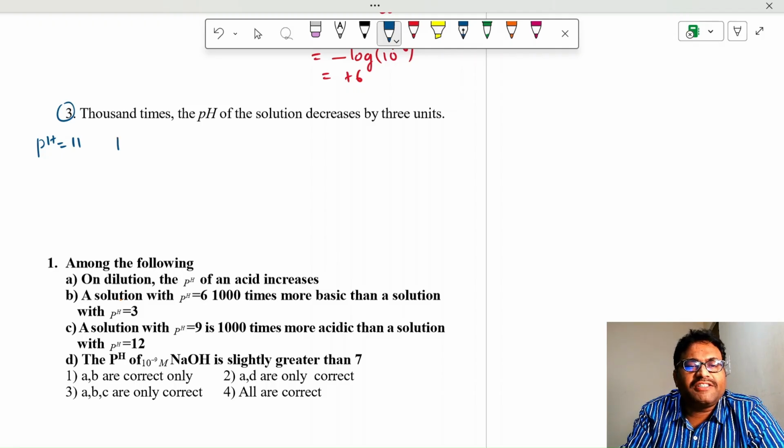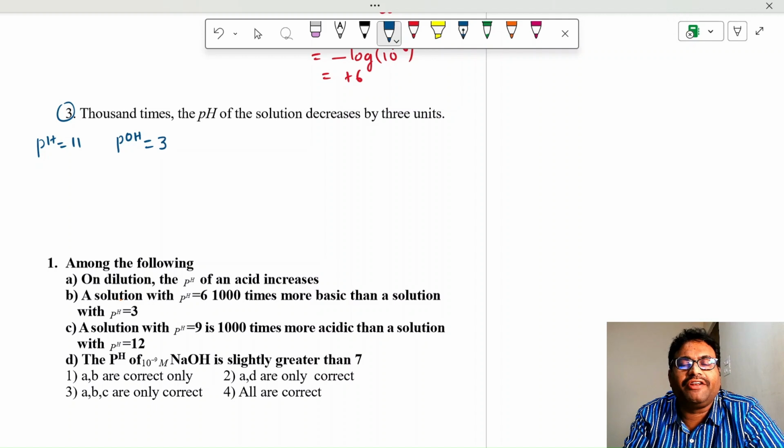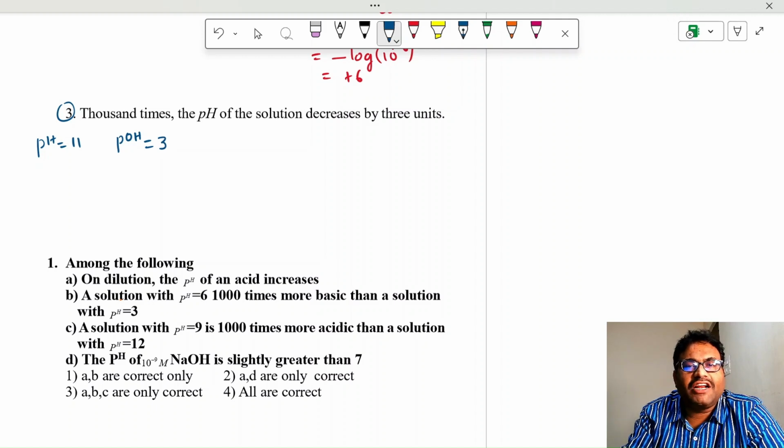Then what will be the corresponding pOH? pOH will be equal to 3, because 11 plus 3 is equal to 14. What will be its corresponding OH minus ion concentration? That will be 10 power minus 3 moles per liter.